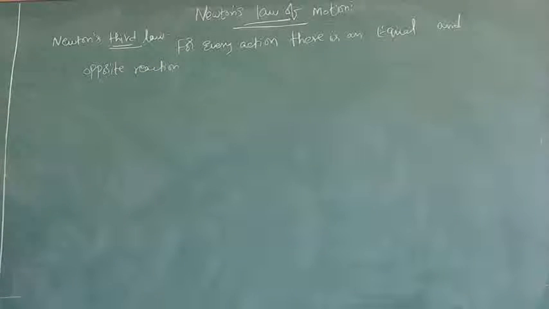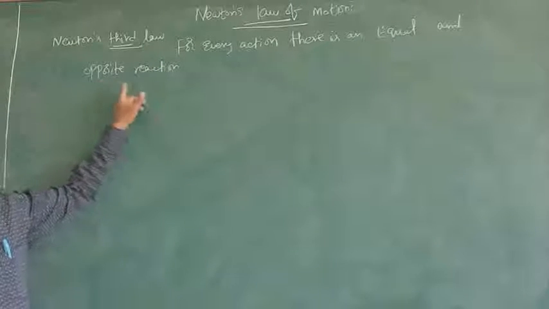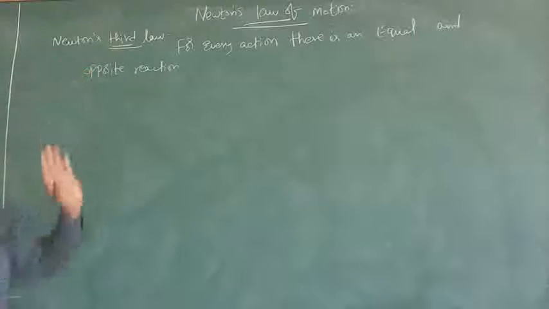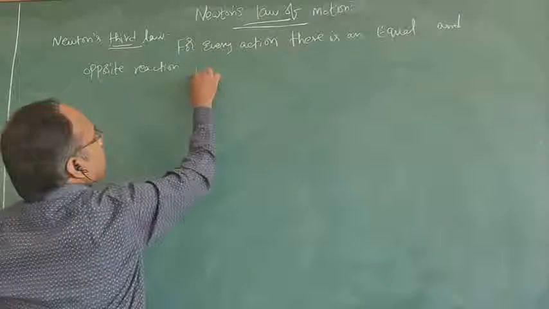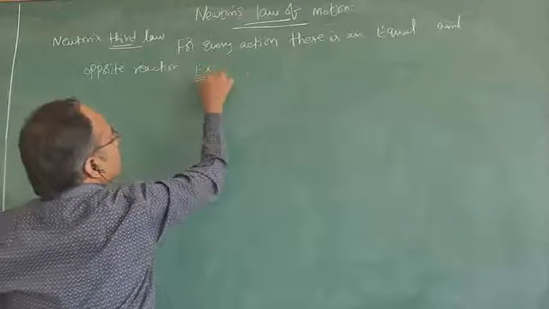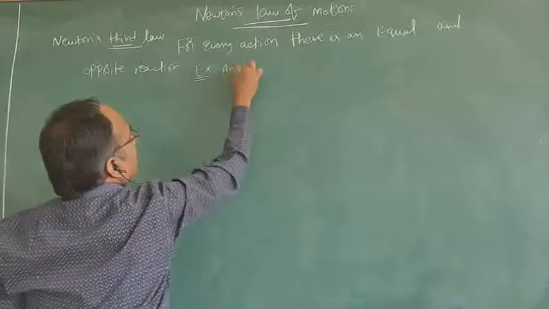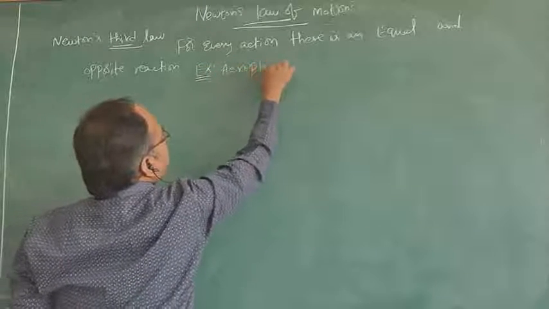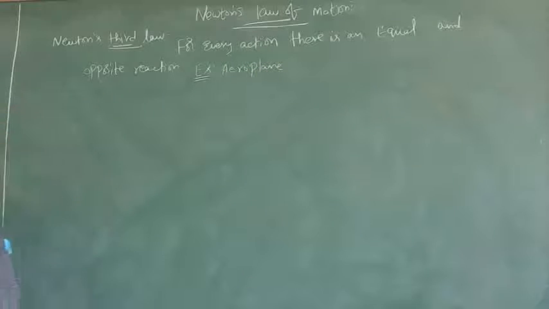For every action, there is an equal and opposite reaction is called Newton's third law. So what is the example? Example is aeroplane. Okay. So this is about Newton's third law.